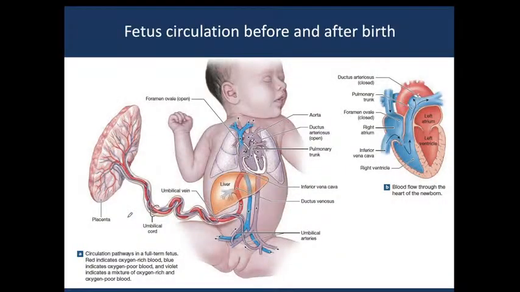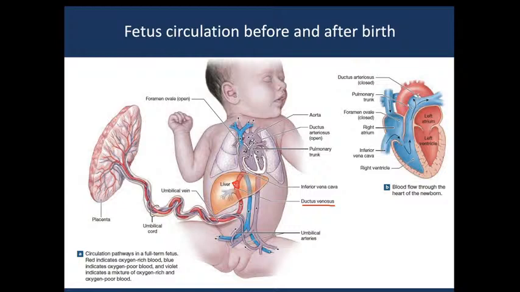And also, during fetal circulation, before birth, we could find special vessels like the ductus venosus between the umbilical vein and the inferior vena cava.